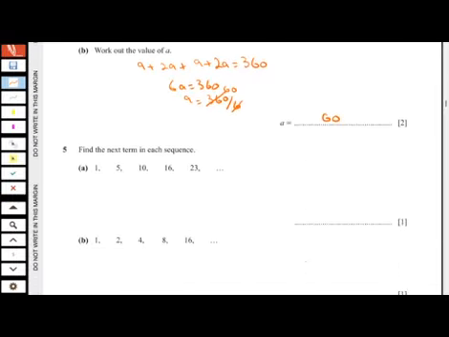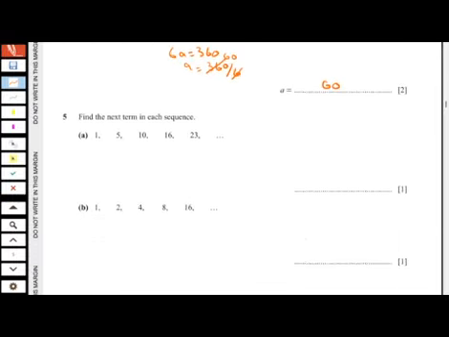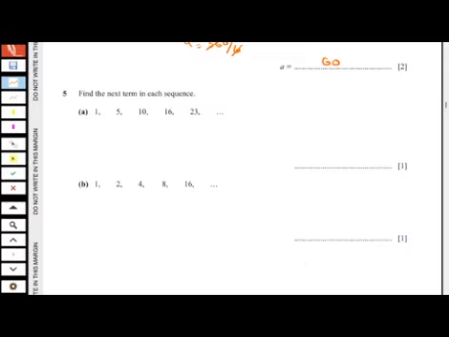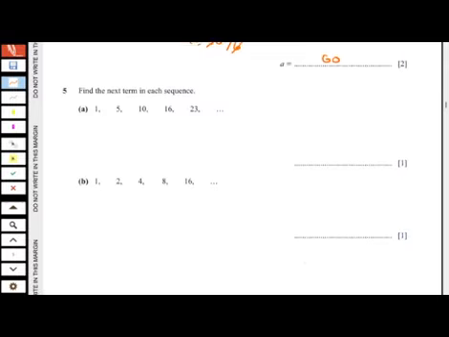Next, question number 5, part A. Find the next term in each sequence. Let me figure it out. If I add 4, it will become 5.